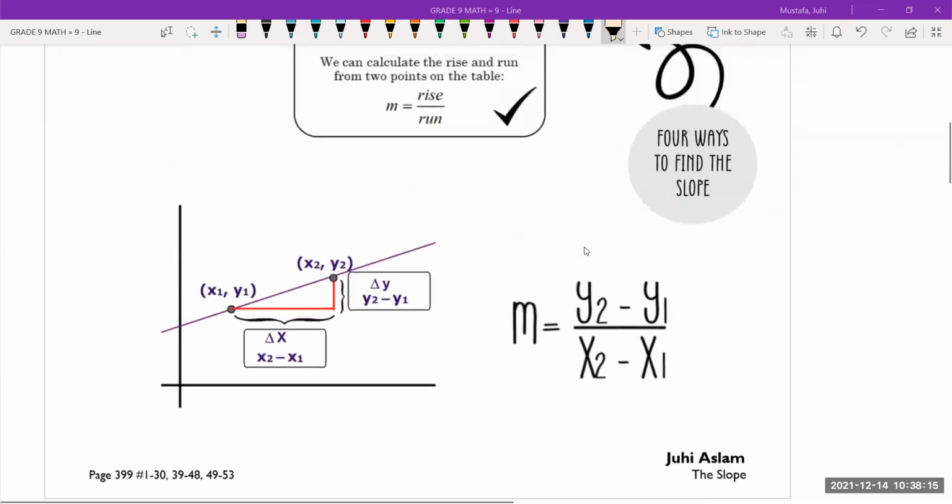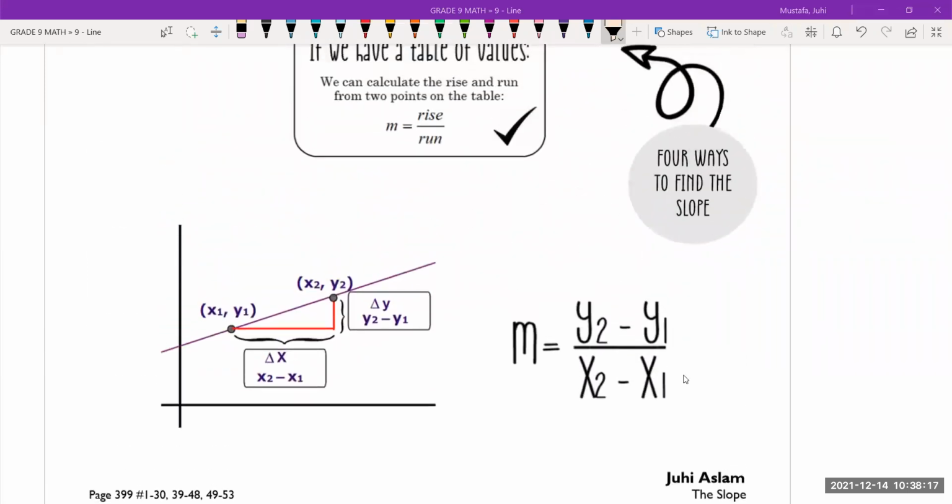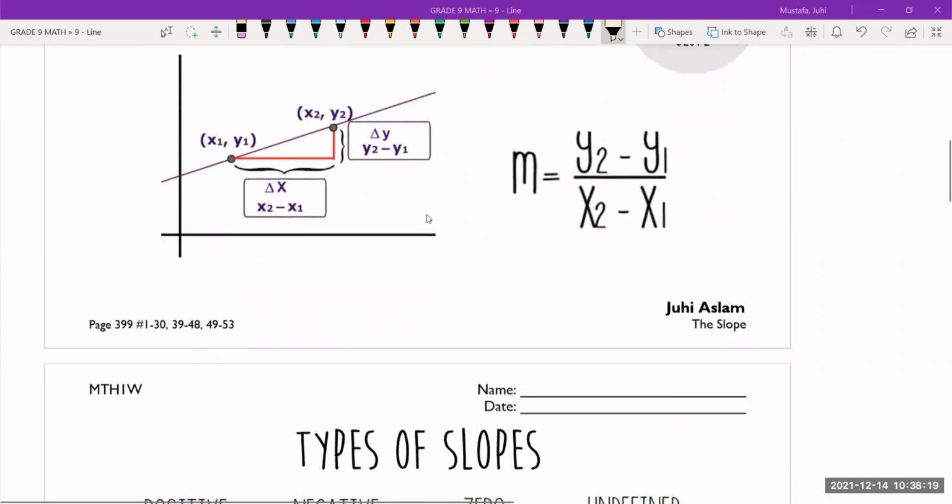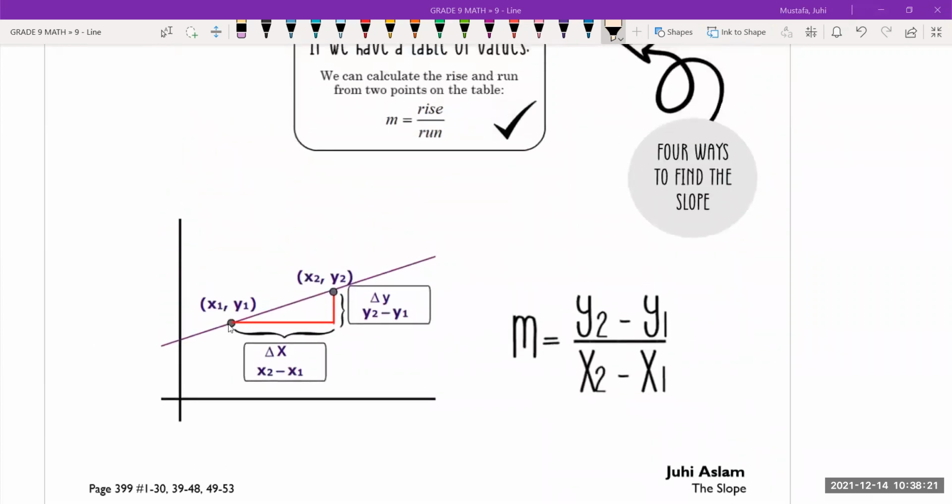Okay, so here is the idea behind the formula. We're going to memorize the formula, but in case you're wondering, for every single one of these questions, I'm going to be giving you 2 points. One of the points we're going to label x1 and y1. The other point we're going to label x2 and y2. And the idea is, if again we're doing rise over run, you take the difference of your y's.